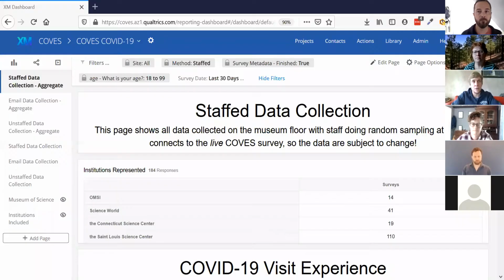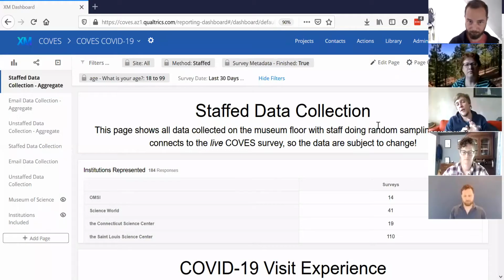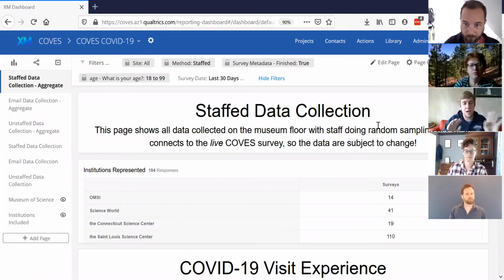So the first thing I want to note is that if you happen to have logged in, you will see something slightly different depending on if you are currently collecting data or not. It's just a funky thing with the permissions. Obviously, all the aggregate data is here.